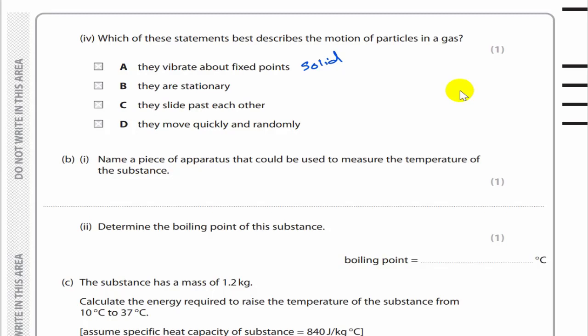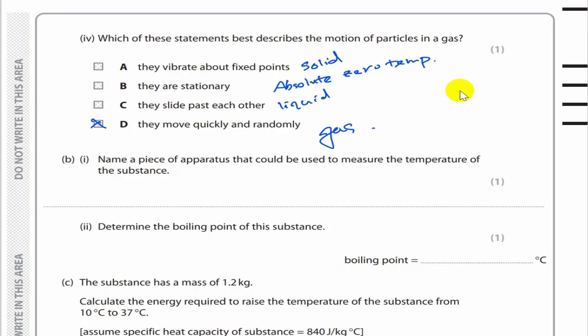They are stationary, at absolute zero temperature, so it is not correct. They slide past is for liquid, and move quickly and randomly is for gas. So it is correct for gas. The correct answer is D.